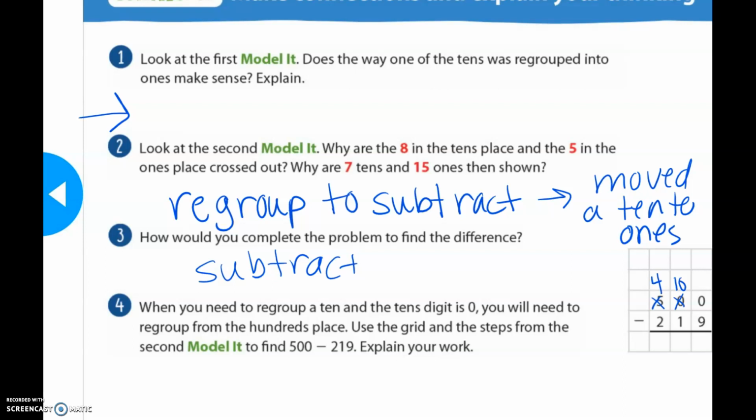So now we don't have a bigger bottom number on the hundreds and the 10s place, but we do on the 1s place. So we're going to have to get one of the 10s and move it to 1s. So we have 1, 1, 8 10s, and 2 1s. So whenever you have zeros, you have to start at the hundreds place, regroup to the 10s, go to the 10s place, and regroup to the 1s, and then you can subtract.